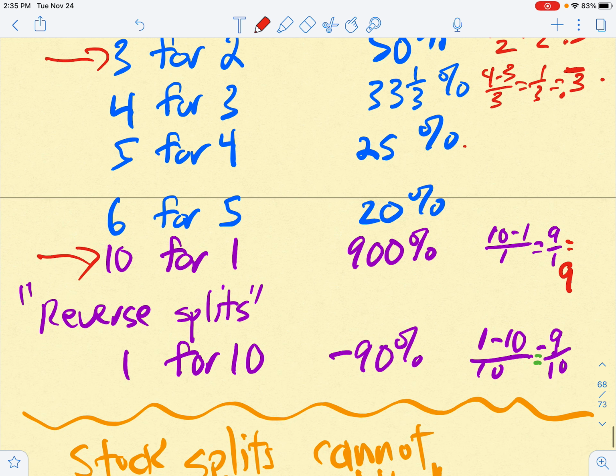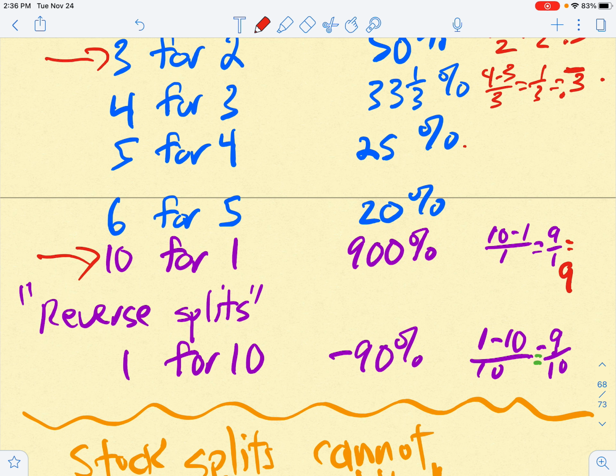What about reverse splits? A reverse split is where you actually are reducing the number of outstanding shares, okay? Firms often do that when their stock price gets very low due to certain listing requirements by exchanges like the NYSE that for some reason don't like to have stock prices below $1 for too many days in a row. So when firms get down there, they sometimes do a reverse split.